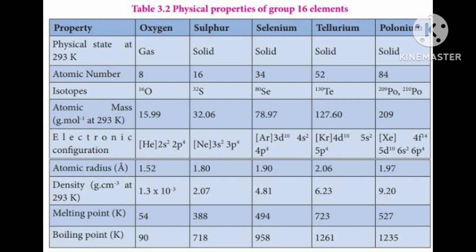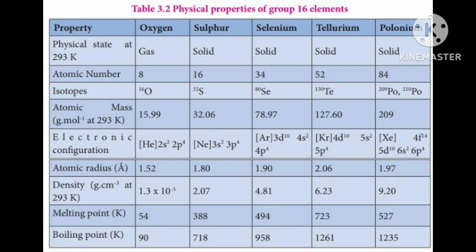The stability of the +6 oxidation state decreases down the group, and the stability of the +4 oxidation state increases due to the inert pair effect.